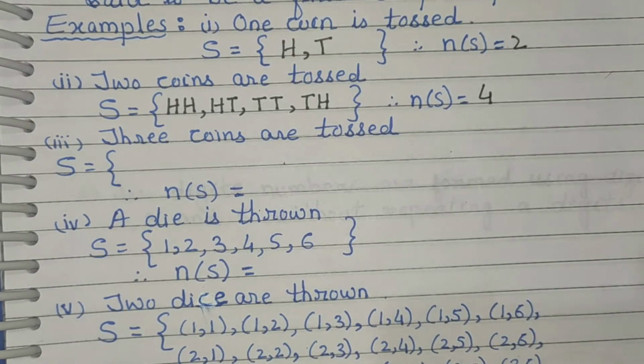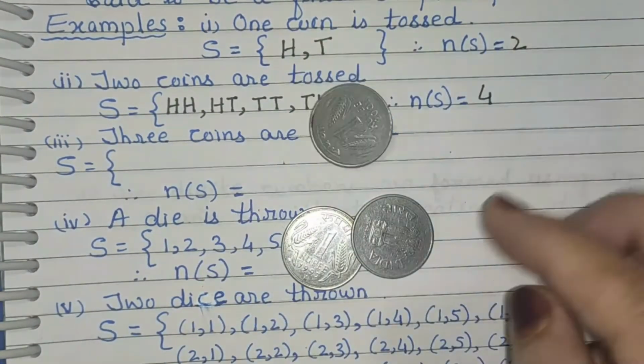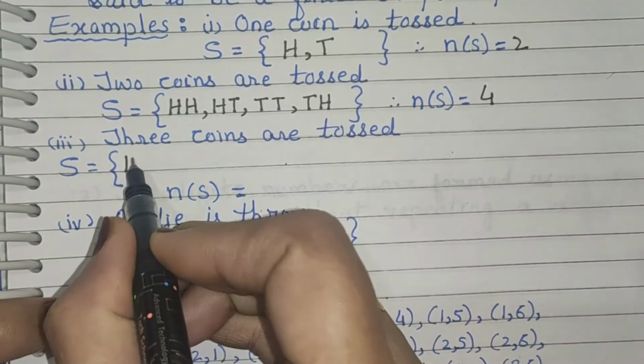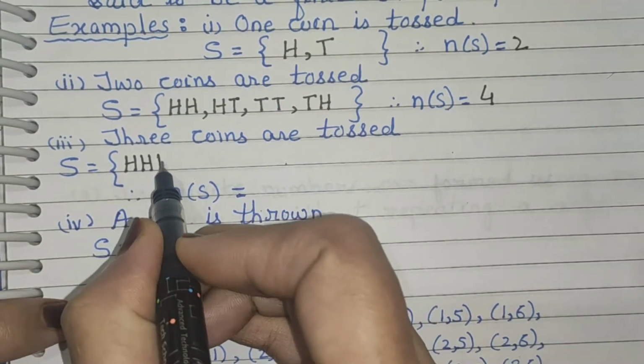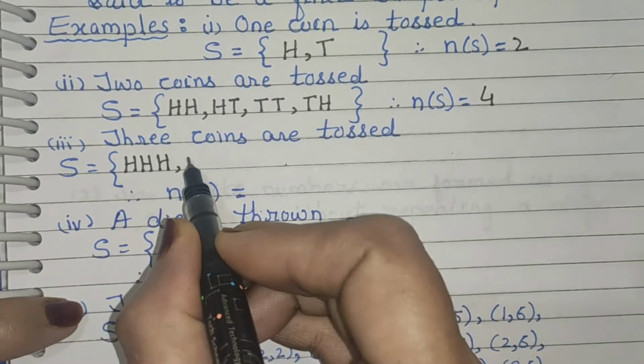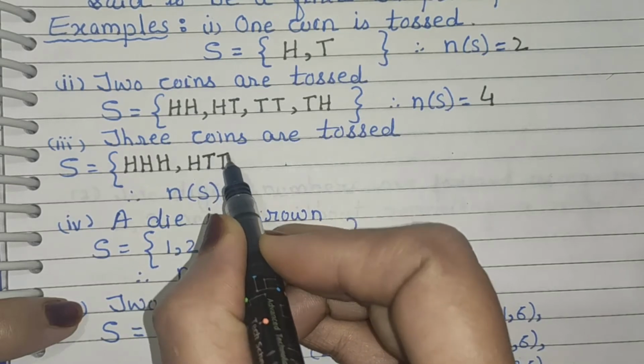Now the next one, 3 coins are tossed. If these 3 coins are tossed, we get HHH for the first, second and third coin. If the first one is head, the second and third are tail.